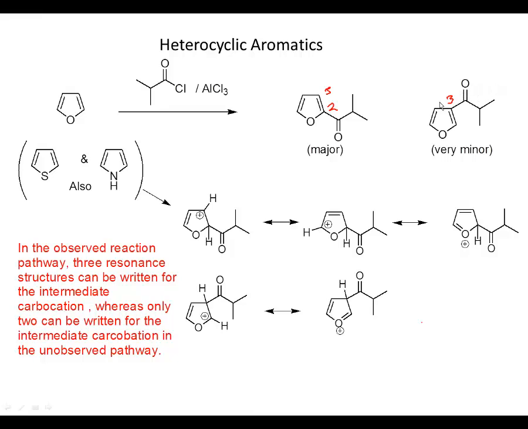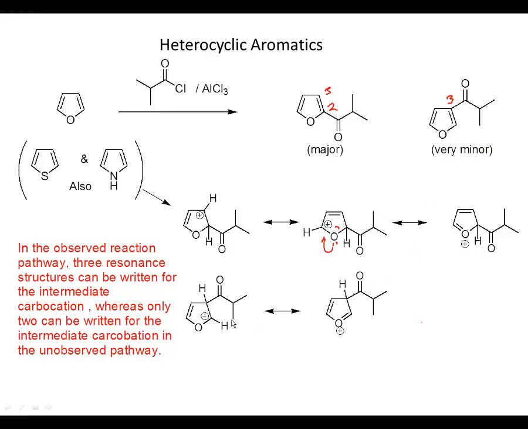When we attack the 2 position, as you see here, this is our initially formed carbocation. We can write a resonance structure, and we can also write yet another resonance structure there when you consider the lone pairs. So we can write 3 good resonance forms when we attack the 2 position.